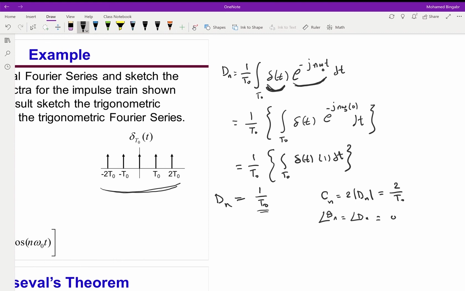So I can express the signal x of t in the exponential form in this way: the sum of dn, in this case 1 over t0, times e to the j n omega 0 t.